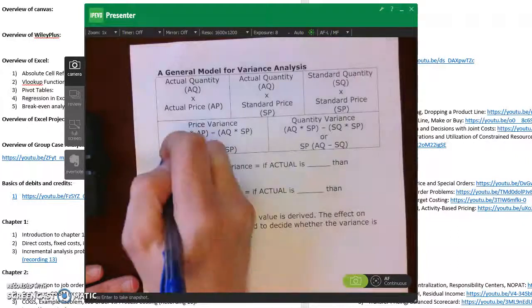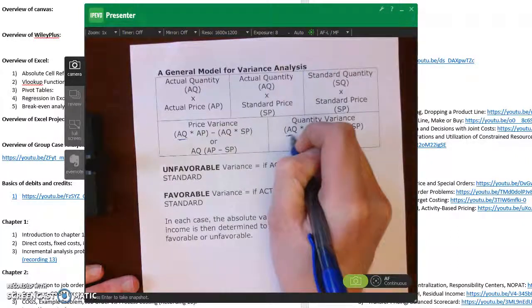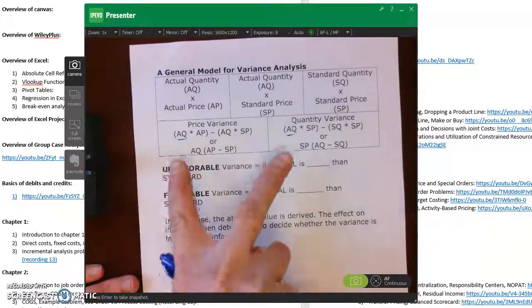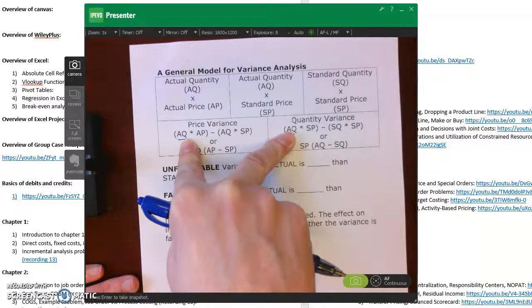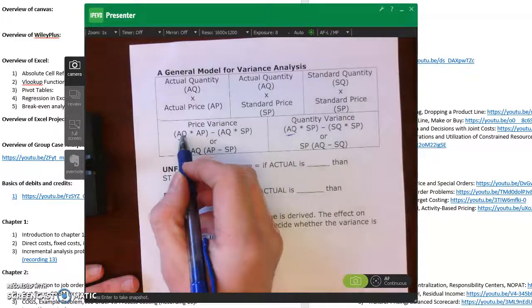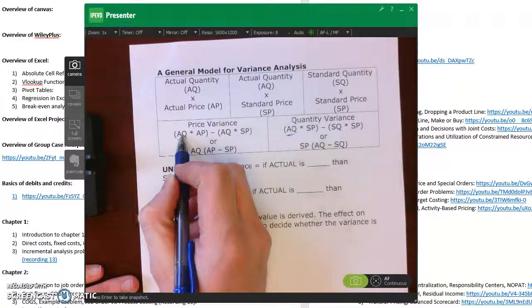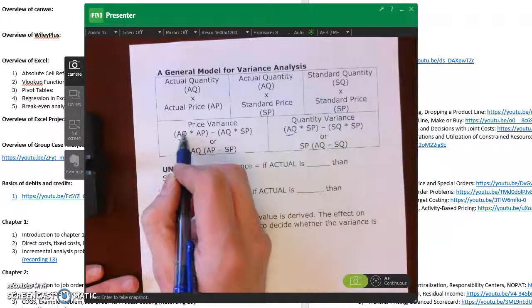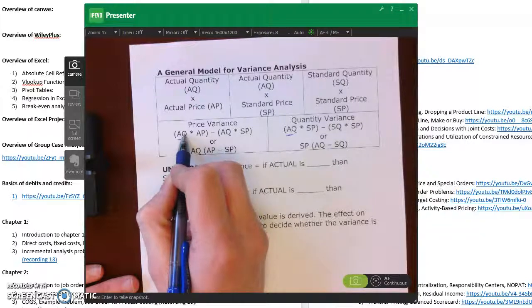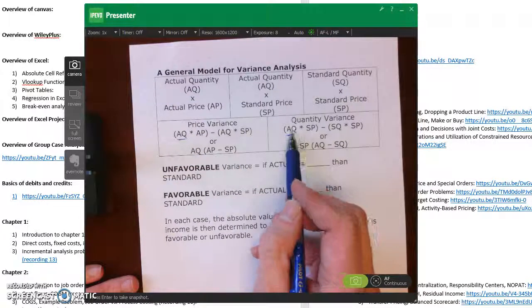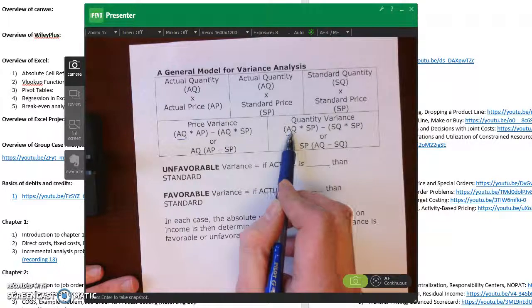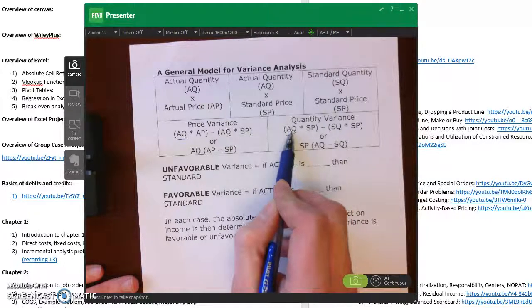Now when we talk about AQ over here versus AQ over here, we have two different AQs when we're talking about direct materials. Over here, when we talk about direct materials price variance, we're talking about the actual quantity of direct materials that you bought. Over here, we're talking about the actual quantity of materials that you used.